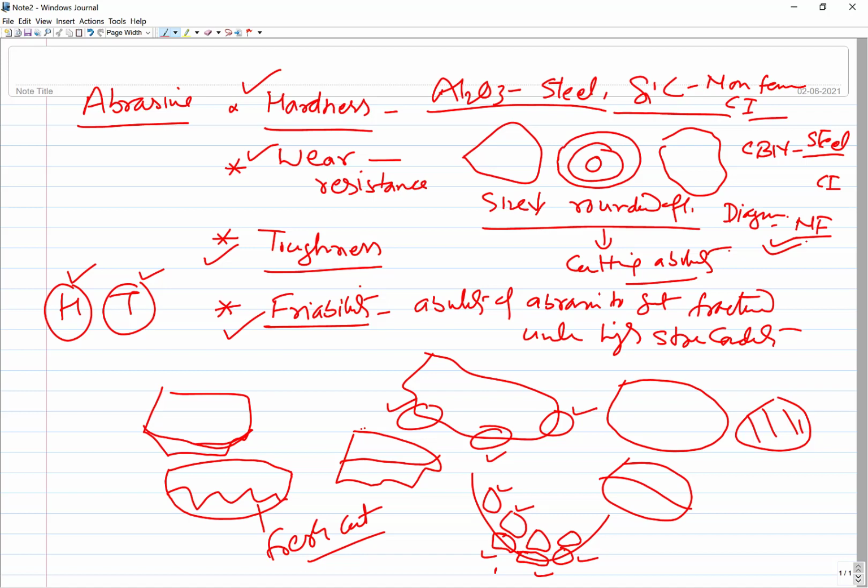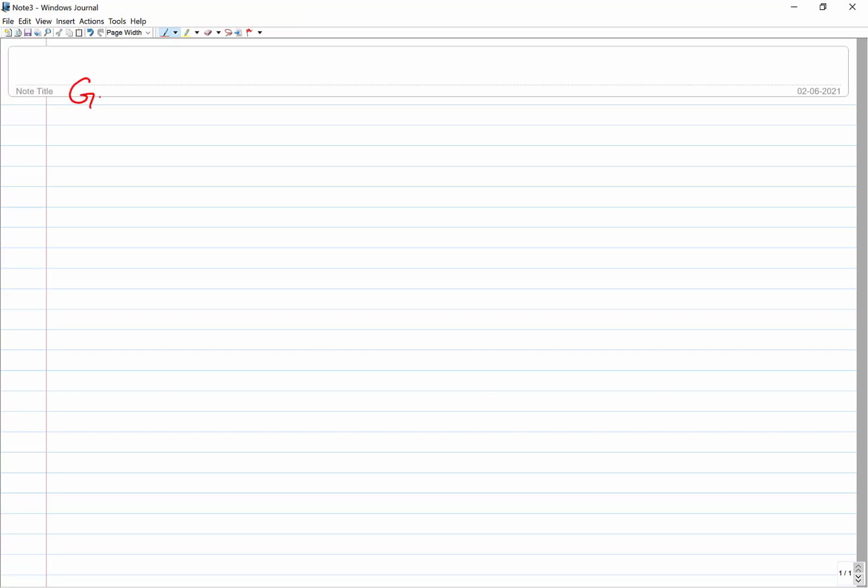Now going to another dimension related with the grinding wheel, which is the grit size. Grit size is the size of the abrasive particles which are being used for making the grinding wheel. It is extremely important.